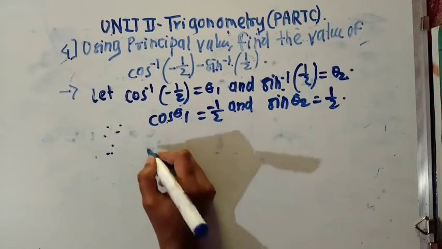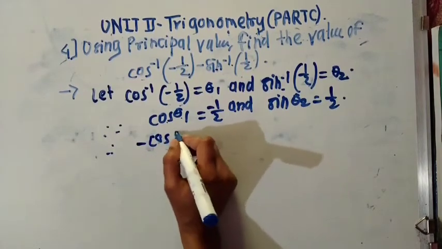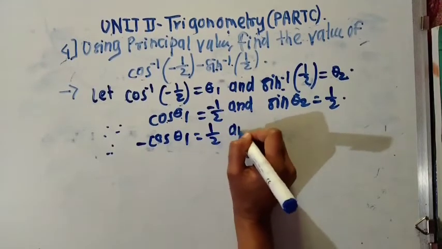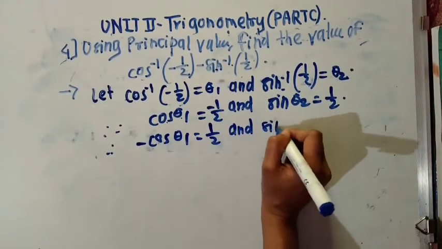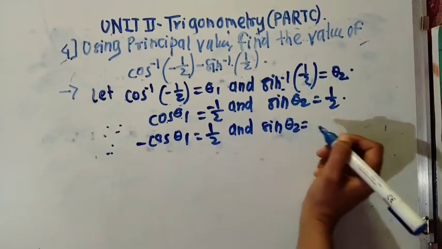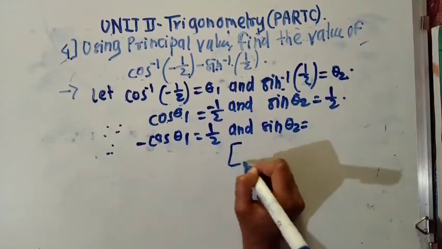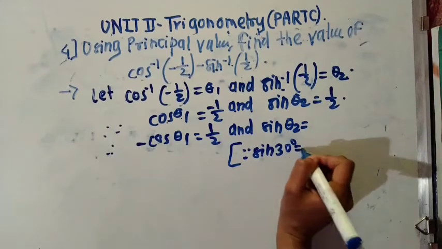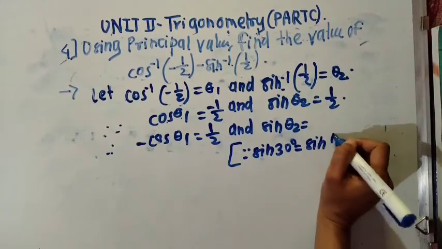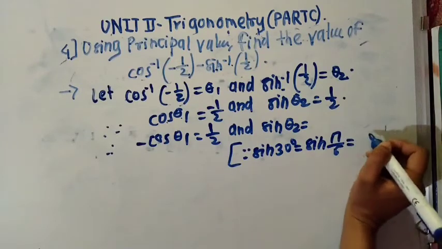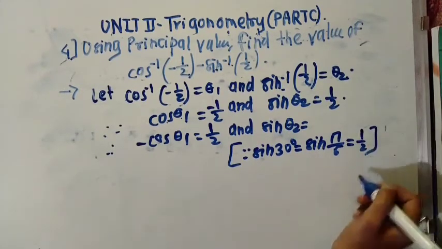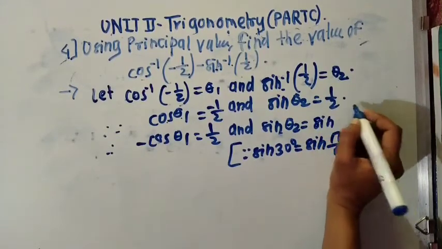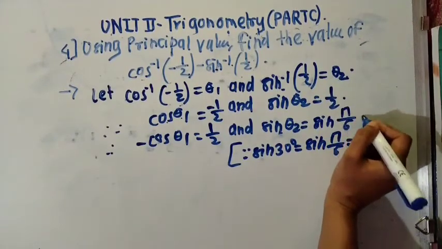But sin 30 degree, means sin pi upon 6, is equal to 1 by 2, so sin theta 2 is sin pi upon 6.